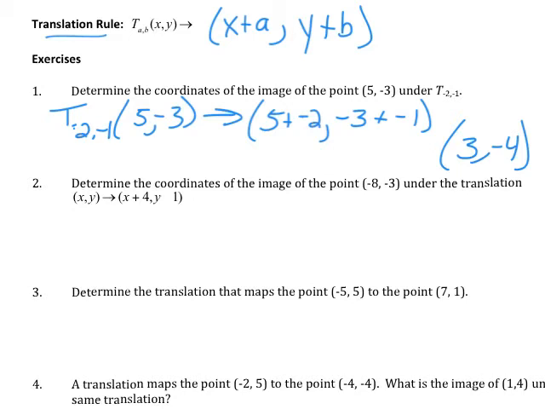So now we have different notation, but we're going to do the same thing, and I'm missing my subtraction sign there. Let me fix that. That should be y minus 1. There you go. So we have determined the coordinates of the image of point -8, -3 under this translation. So here's a different way to write the rule. Whatever my x value is, I'm adding 4. Whatever my y value is, I'm subtracting 1.